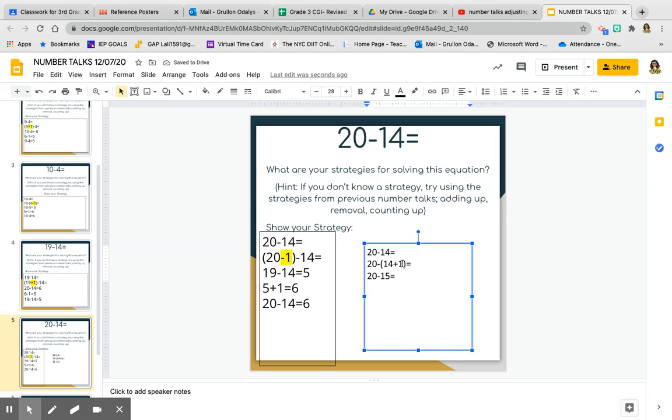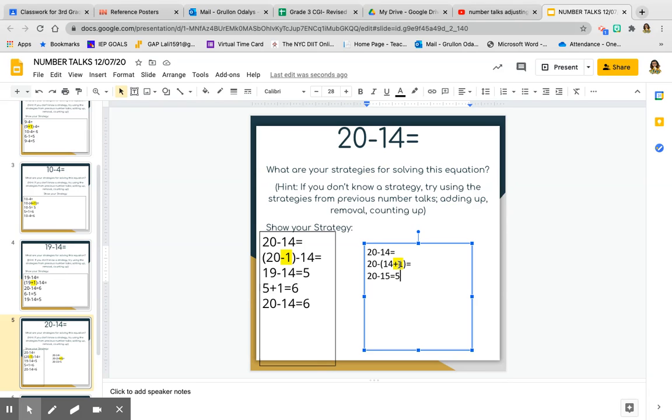So again, whatever I'm working with, I need to make sure that I add it so I know what's happening with that at the end. I'm going to simply know that 20 minus 15, that is counting by fives. I know that that difference is 5. But again, I didn't take away what I needed to take away from the 14.